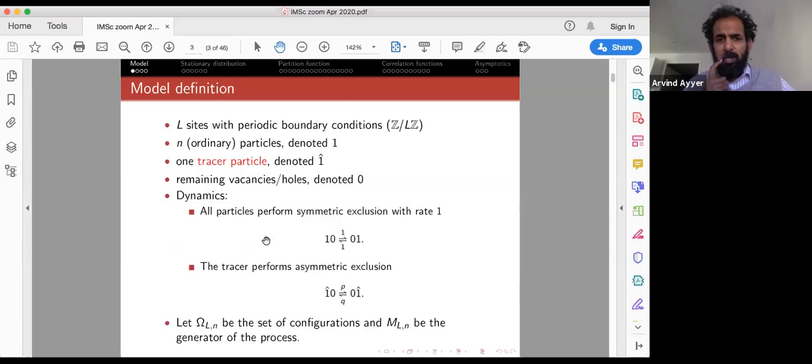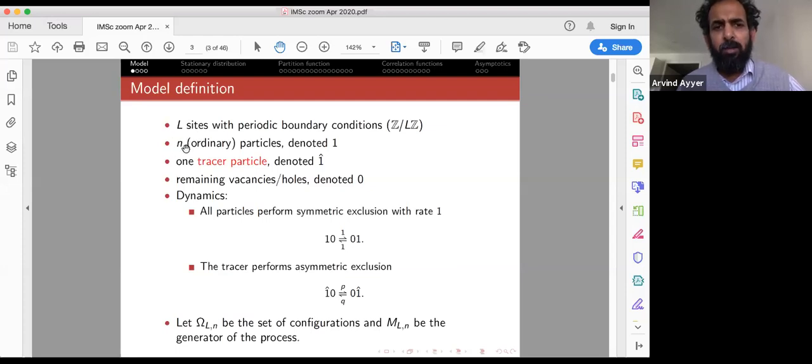Okay, so here's the model. You consider that there are L sites, boxes if you like, with periodic boundary conditions. That is to say, the Lth site is also connected to the first site. So these are arranged in the form of a circle. That's why I've written Z mod LZ. Now on each site, you can have at most one particle. There are two kinds of particles.